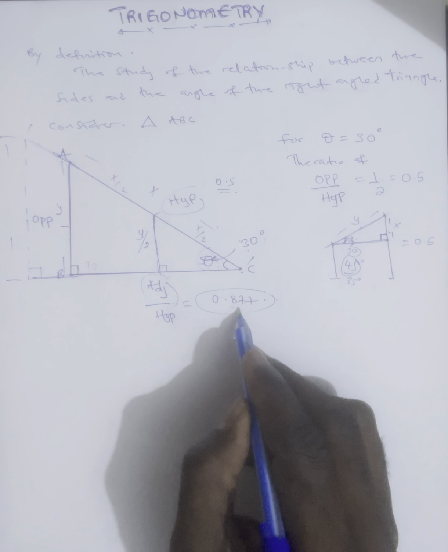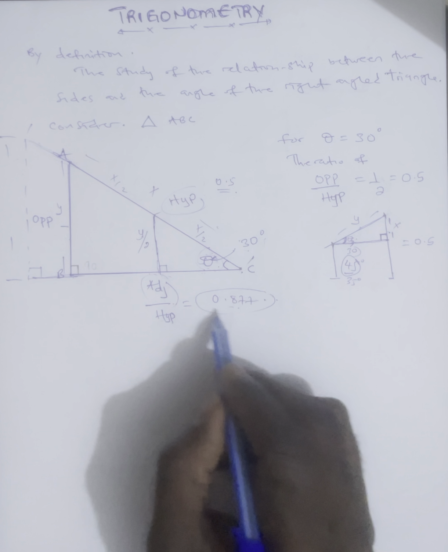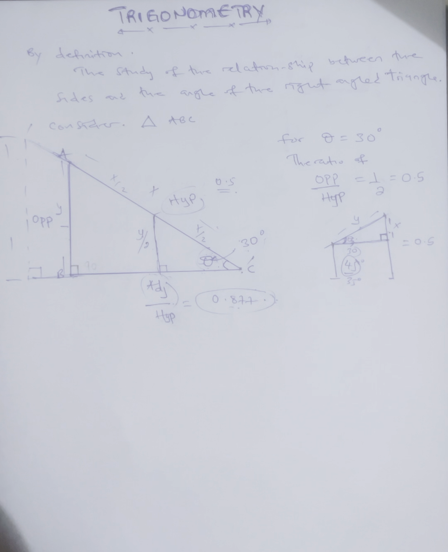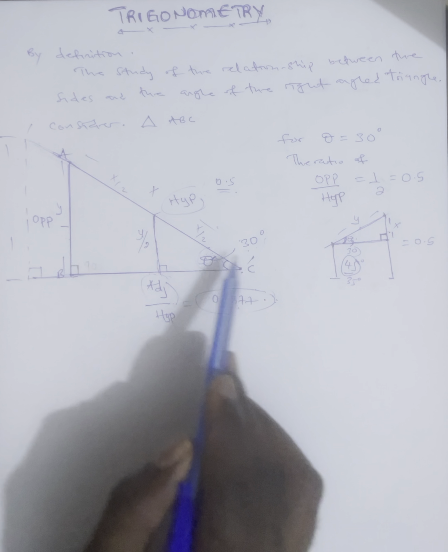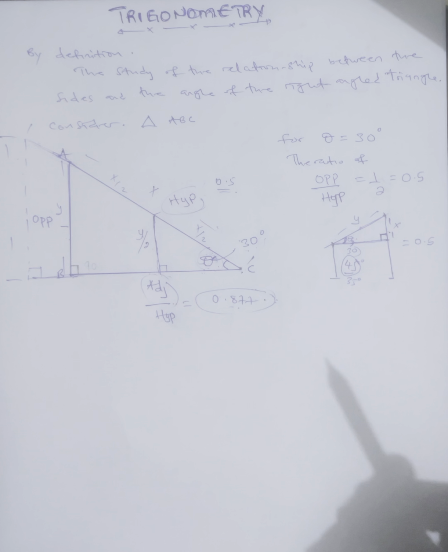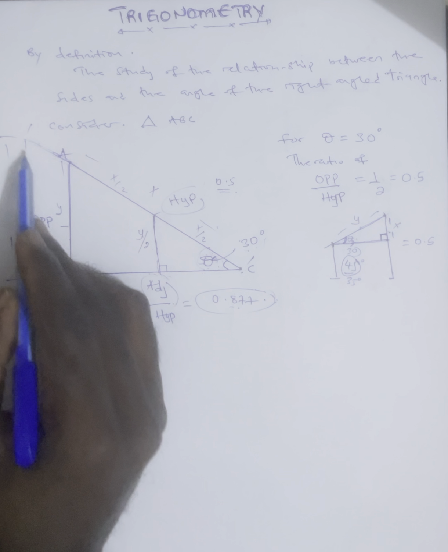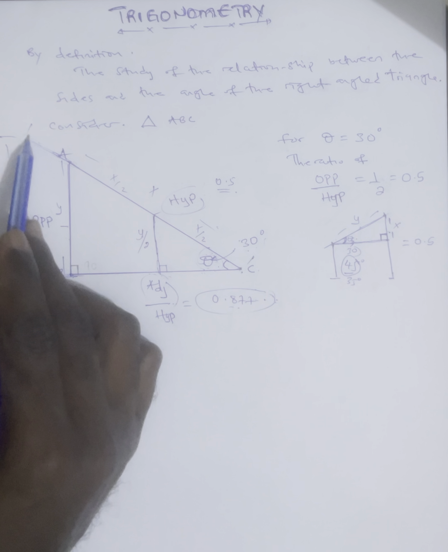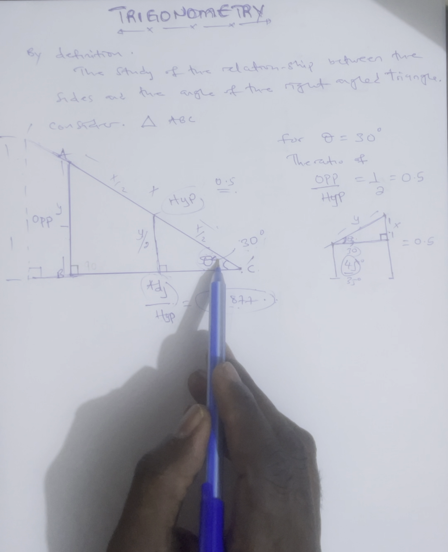If the ratio is 0.877 for the angle 30, this ratio will remain the same for any right angled triangle. As long as the angle is 30, the ratio of the adjacent side to hypotenuse side will be 0.877. If you take this large one, or you take the largest one, when you divide the adjacent by the hypotenuse, the ratio will remain constant as long as the angle is the same.